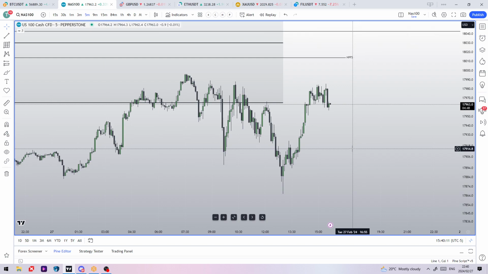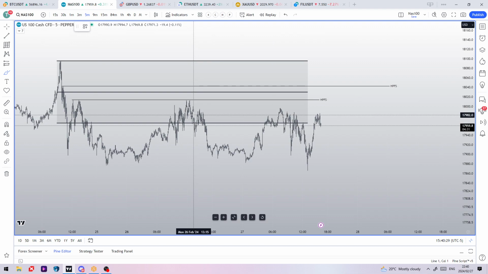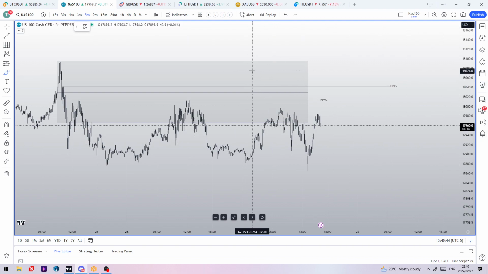Not sure if I want to hold this long. I may just close it now and see what happens tomorrow. But is there any news tomorrow? Do we know for sure? I can't check right now. I think there is. I think I remember seeing something on Wednesday. Yes, there's news tomorrow. So time that with the possible Wednesday high of the week, because generally those highs and lows would be.